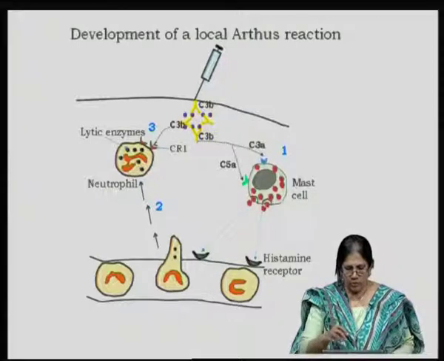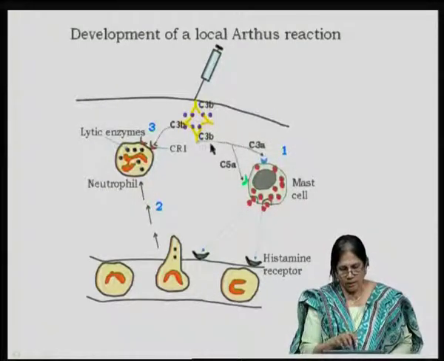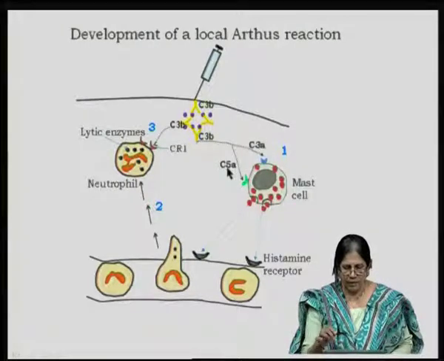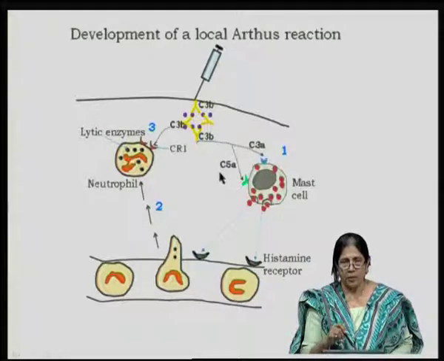There is also another pathway here. When the complement cascade is triggered, you have the split products that are formed: C3a, C4a and C5a. There are receptors for these split products of the complement components present on mast cells.